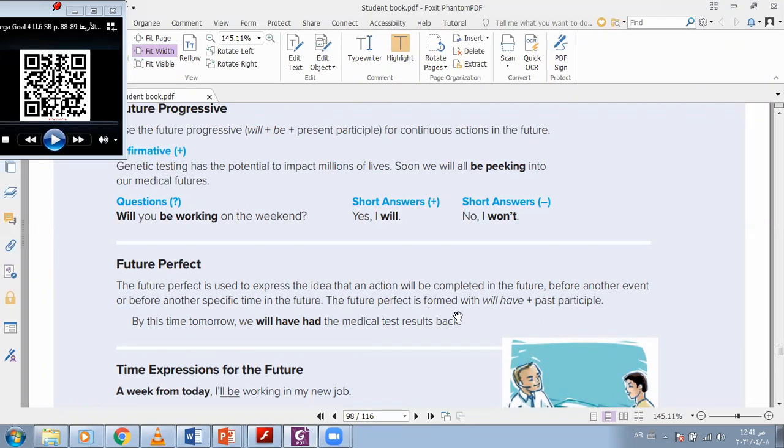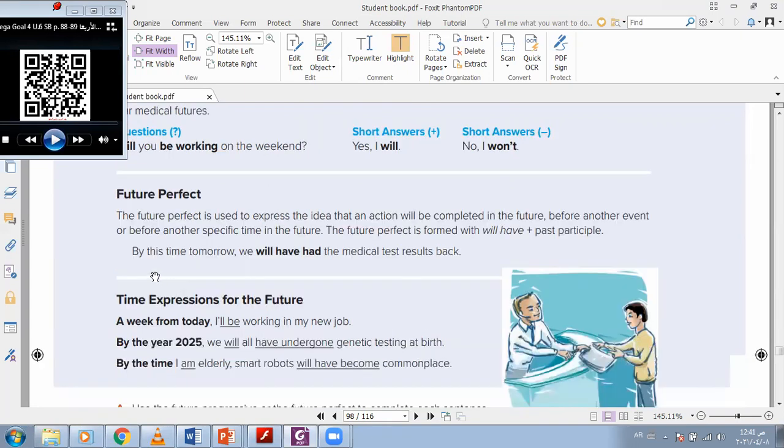The future perfect is formed with will have والpast participle زي ما احنا قلنا في القاعده. طبعا في الغالب مع جمله الفيوتشر بيرفكت يا اما باي يا اما ان، يعني في عام كذا او بحلول عام كذا. يعني by this time tomorrow بحلول هذا الوقت غدا we will have had the medical test results back. طبعا نستخدم هنا الفيوتشر بيرفكت اللي هو will have والباست participle.